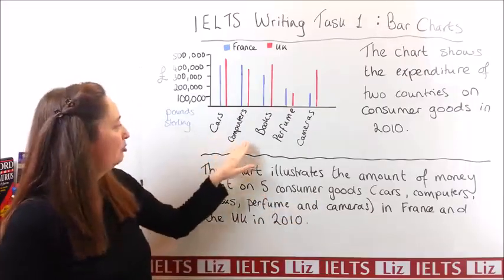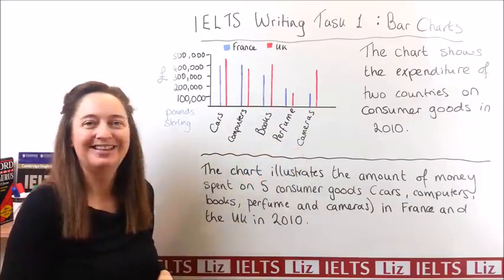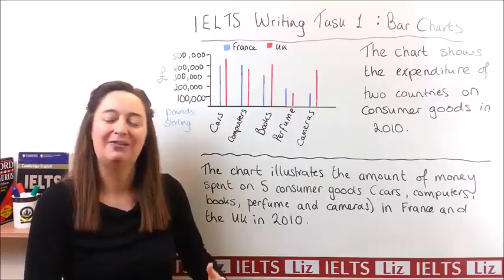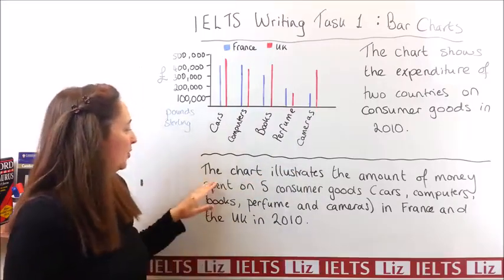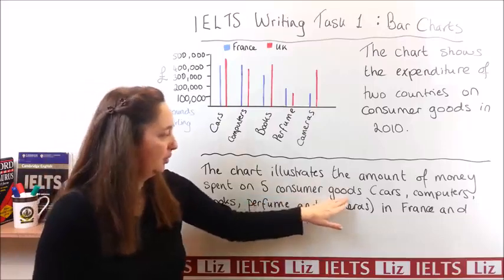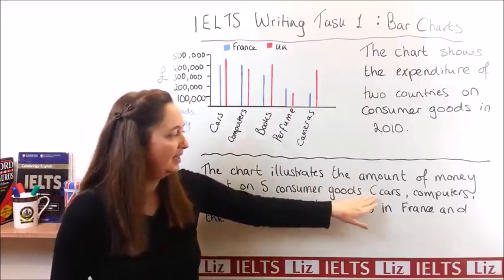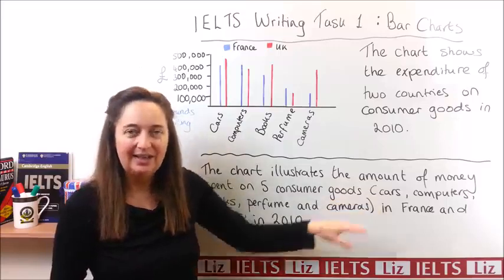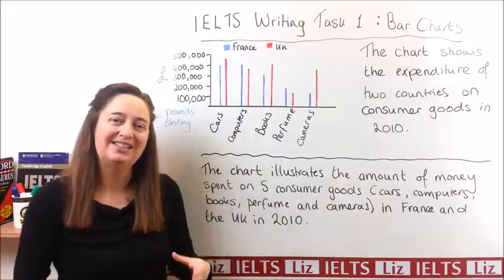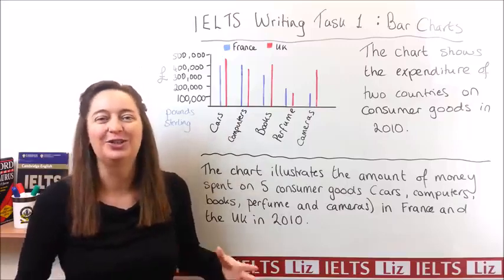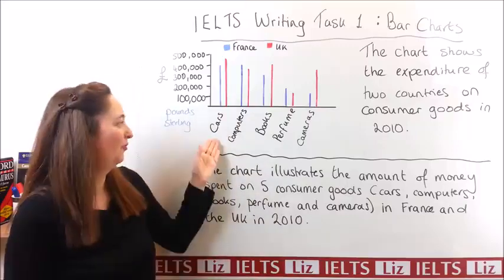It's time to introduce the categories. Remember, this is your introduction. You want to introduce the information. So the amount of money spent on 5 consumer goods. And here you can see that I have given the list. Now, it's very good to give a list of the categories, but only if it's not too long. So here we've got 5.